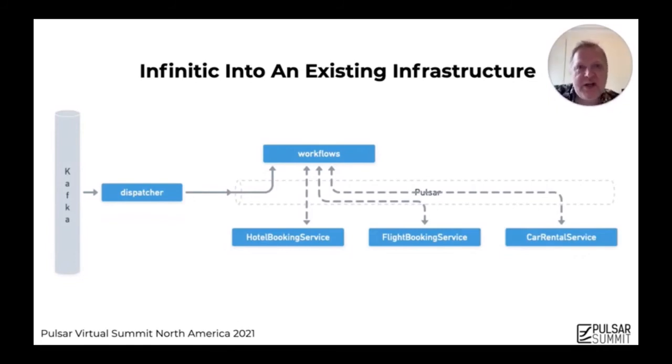This way, the dispatcher is dumb enough to not depend on the implementation of the workflow, so that you can update your workflow without having to think about updating the dispatcher. So it's a powerful way to plug Infinitic into an existing Kafka, for example.